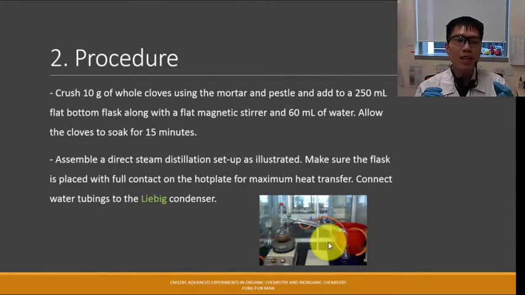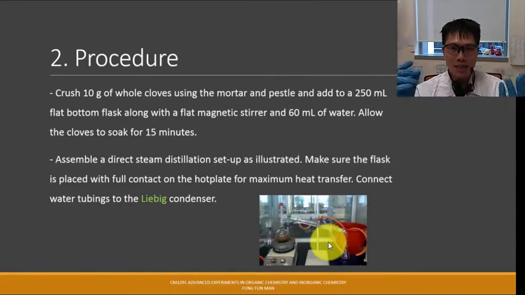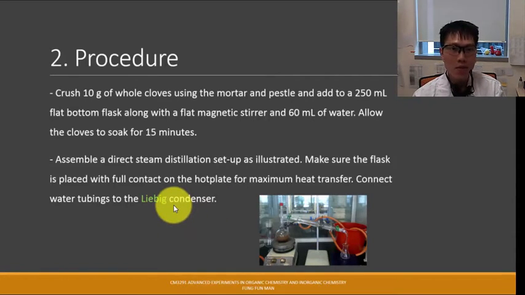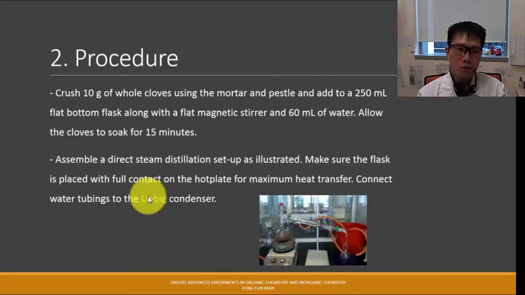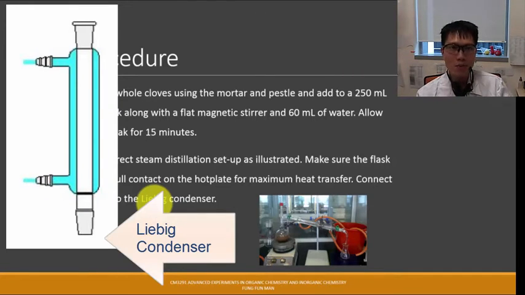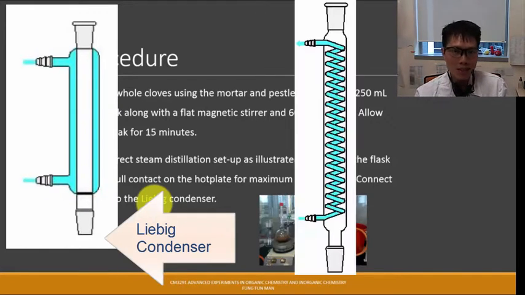Next, we connect the water tubings to the Liebig condenser. The Liebig condenser we'll be using here for the condensation of the vapor. Now I'd like to highlight this point here. There are actually 2 main kinds of condenser that we have in the lab. If you don't have the Liebig, what can you use? Oh, by the way, what is a Liebig condenser? Is there any difference between a Liebig condenser and a Graham condenser?